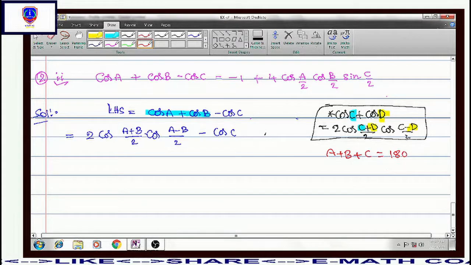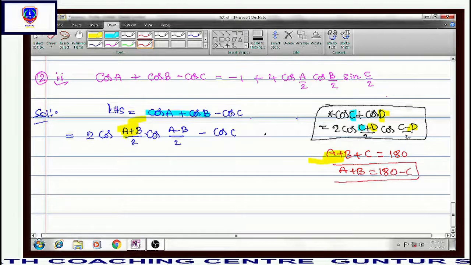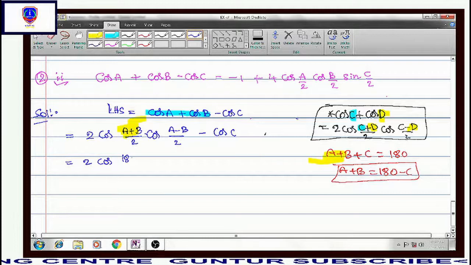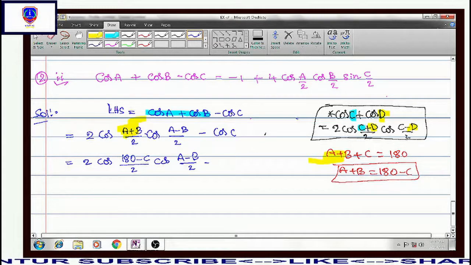Here we need A plus B, so we can write A plus B as 180 minus C. Now we have 2 cos, replacing this A plus B with 180 minus C, and write the remaining terms cos of (A minus B) by 2 and also minus cos C.